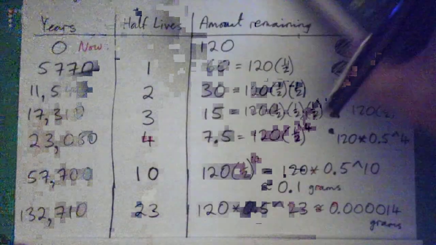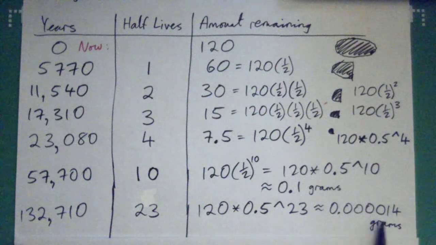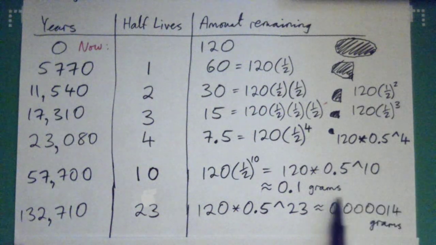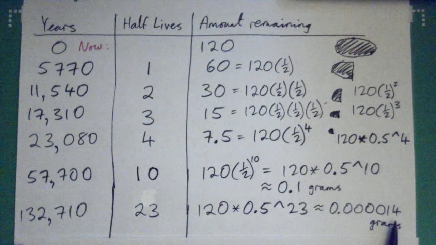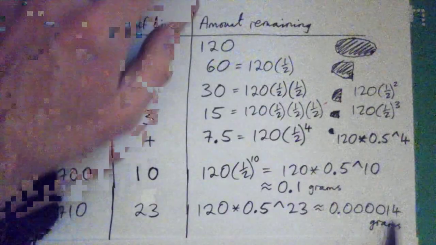Now, the way radiocarbon dating works is kind of backwards, where we find something that is this amount of grams of carbon-14 when it would have been 120 grams of carbon-14 if it was now.